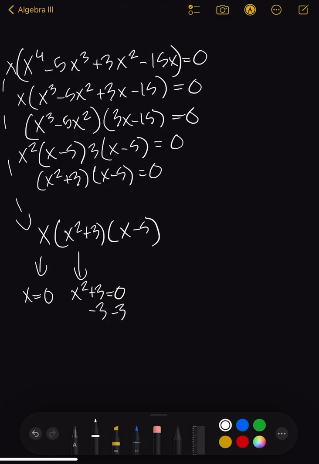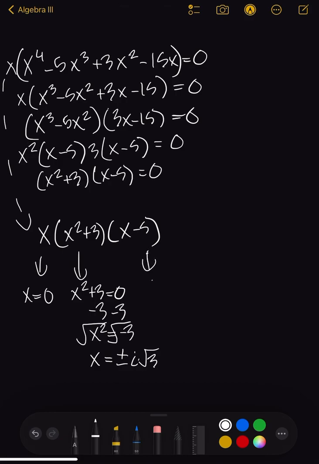So you can subtract 3 from both sides, and then that would leave x squared equals negative 3. Then you can square root the x squared and square root the negative 3. And that would leave x equals plus or minus an imaginary number, because of the negative inside of the square root, square root of 3.